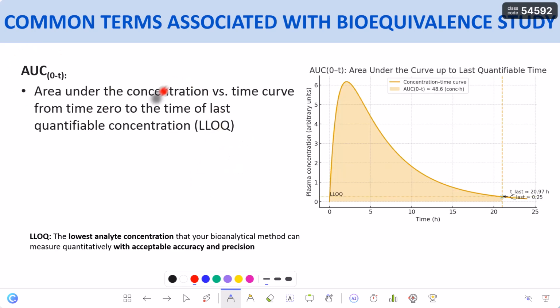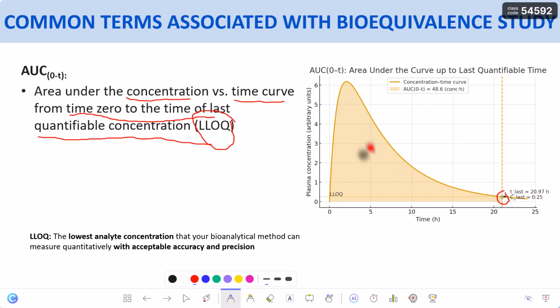It is the area under the concentration versus time curve from time 0 to the time of last quantifiable concentration, that is, the lowest analyte concentration that can be quantified with acceptable accuracy and precision, or LLOQ. So what is the concentration that can be measured accurately and precisely? Until that point, the concentration will be measured.